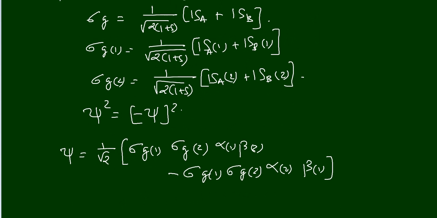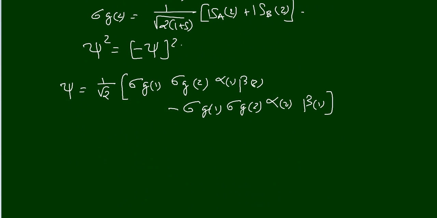So this is a wave function, and this one I can write like a determinant because this is equal to 1 divided by root 2, okay. If I am writing it like a determinant, I know that this is the product of the first row, first column term, and then the second row, second column term, okay.